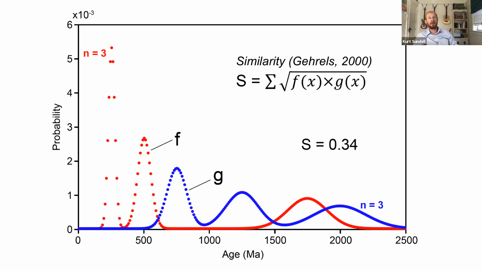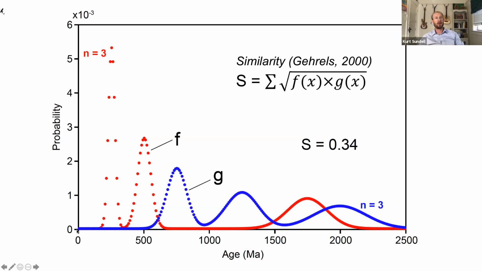So let's call the red one F and the blue one G. And something that George did, really clever, George, in 2000, in the seminal paper, you developed this metric that you called similarity. And so what George did here is he said, well, I want to quantitatively compare these. I want to be really objective here.